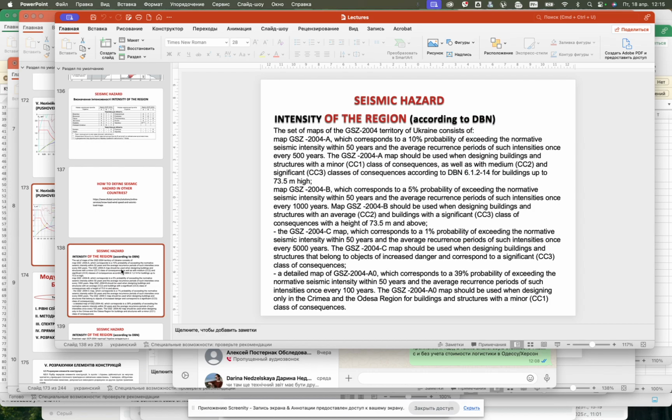So the next point is to define the map according to which we will define the exact seismicity for the region, and it depends on the height of the building and the consequence class of the building.